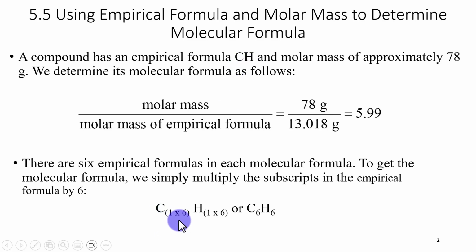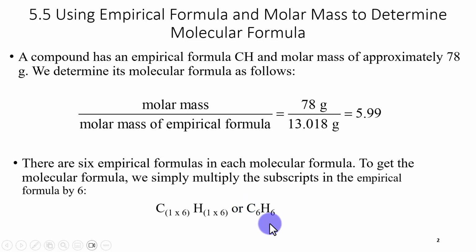And therefore, all I have to do is take the 1, which is the subscript of the carbon in my empirical formula, and multiply it by 6, and it will give me C6. I do the same thing for hydrogen, and it's the same because these are 1-to-1 ratios, so I have 1 carbon for every 1 hydrogen. If I multiply them by 6, the ratio doesn't change, it's still 1-to-1.